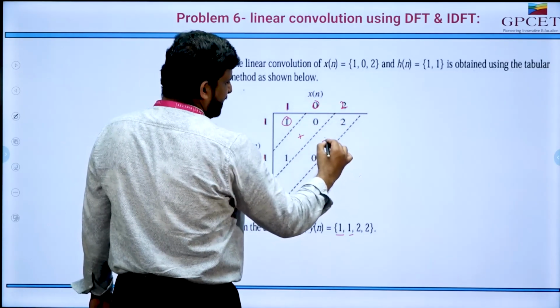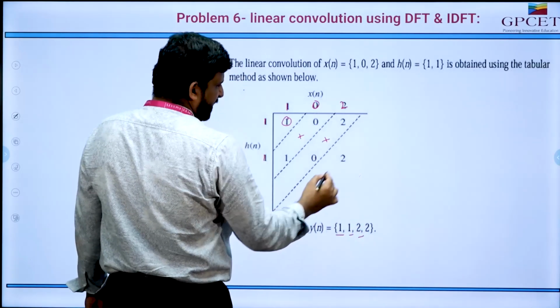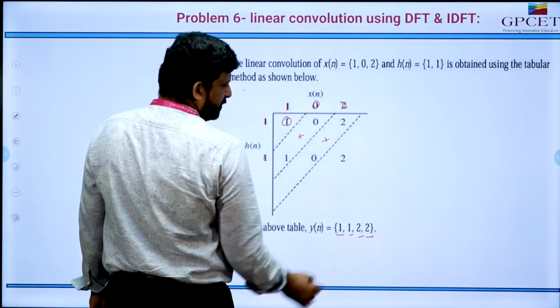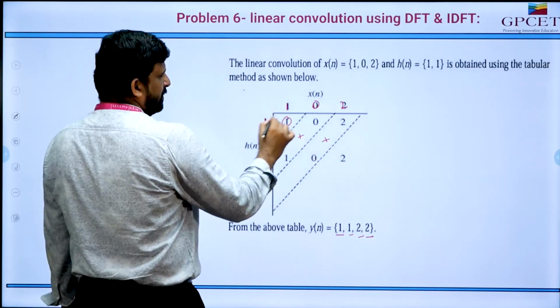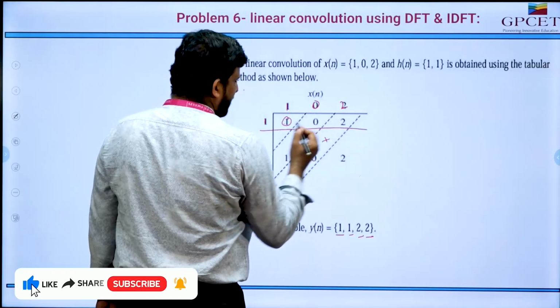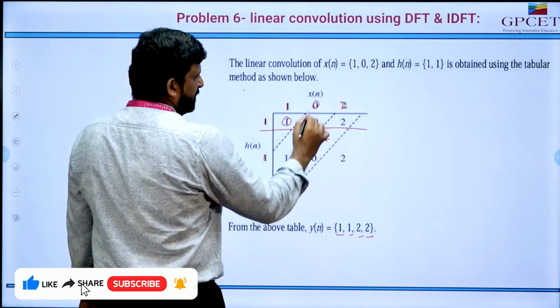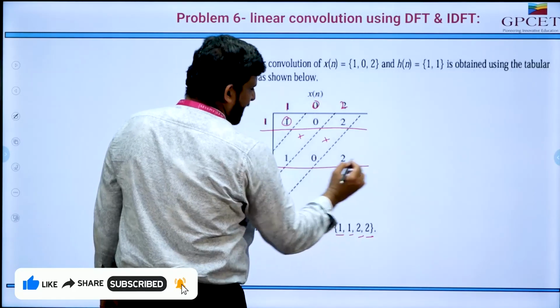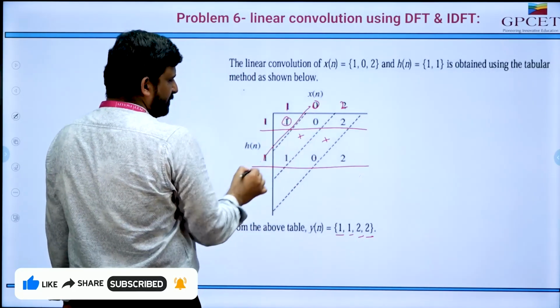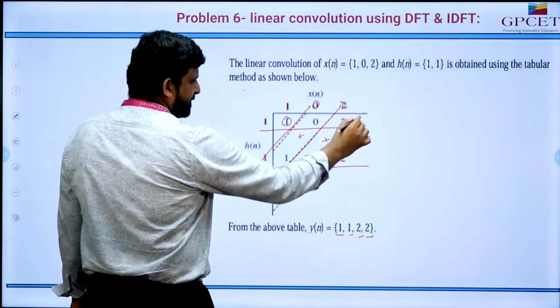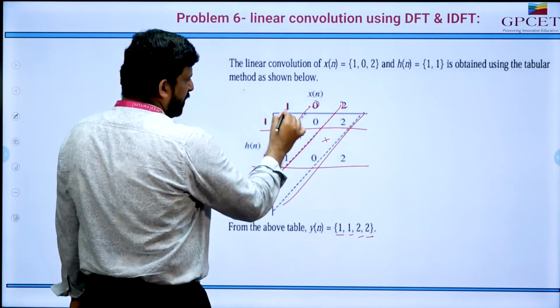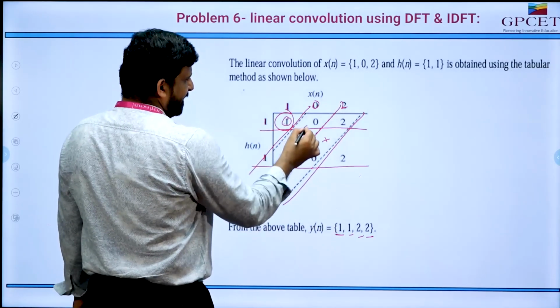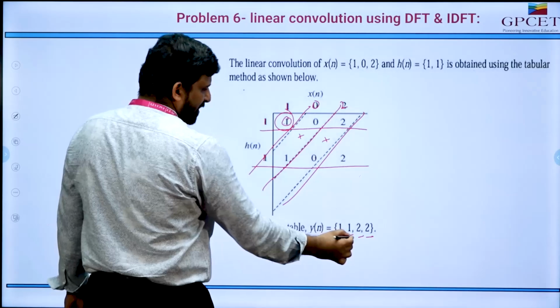If we add these, 0 plus 2, I got 2. That is 1 1s are 1, 1 0s are 0, this is the first thing. Now 1 1s are 1, 1 0s are 0, 1 2s are 2. Two things I have added here and I formatted it like this. So in the first cell I got only 1, so 1 is the answer. In the second cell I got 0 plus 1, that is 1.